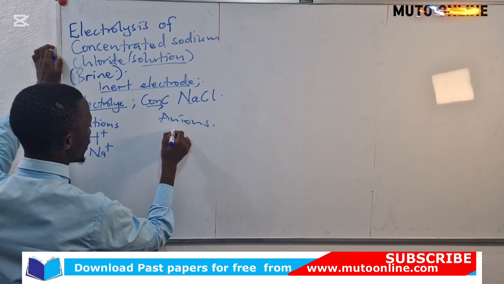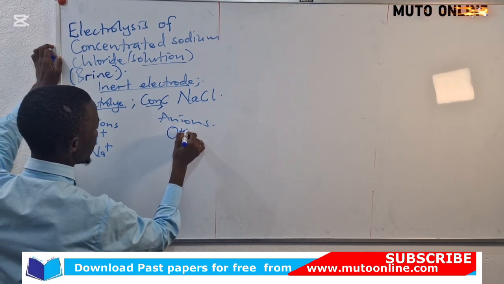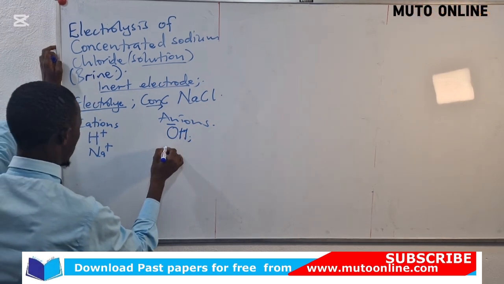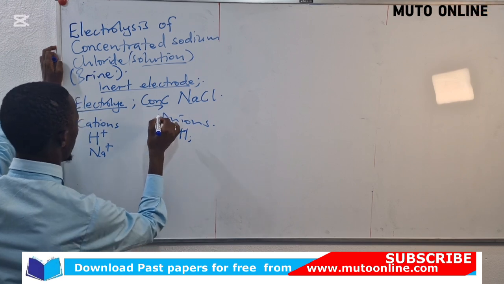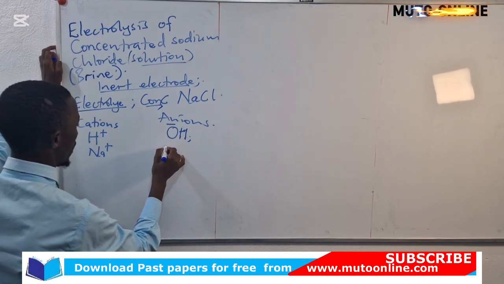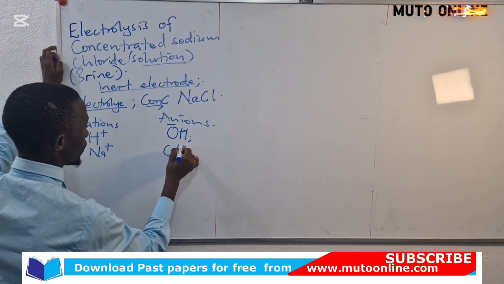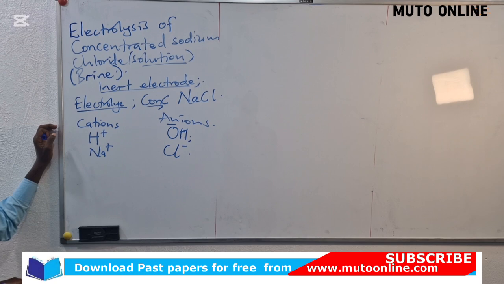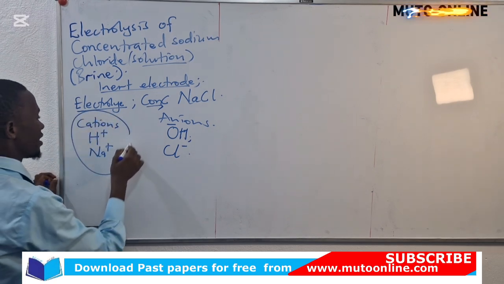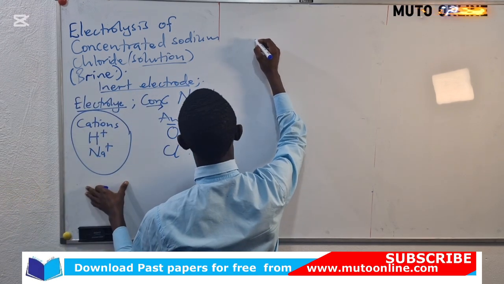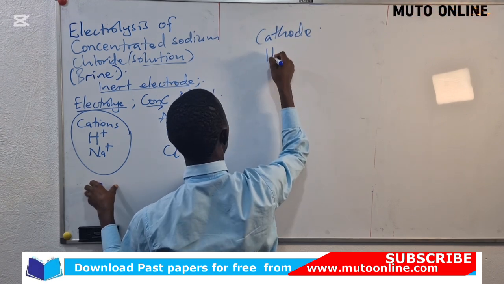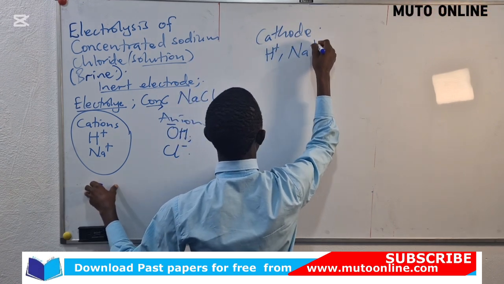The anions, we shall still have the hydroxide ions from the decomposition of water and the chloride ions from the decomposition of the sodium chloride salt. This means these cations will migrate to the cathode. So to the cathode, both the hydrogen and the sodium ions will migrate there.